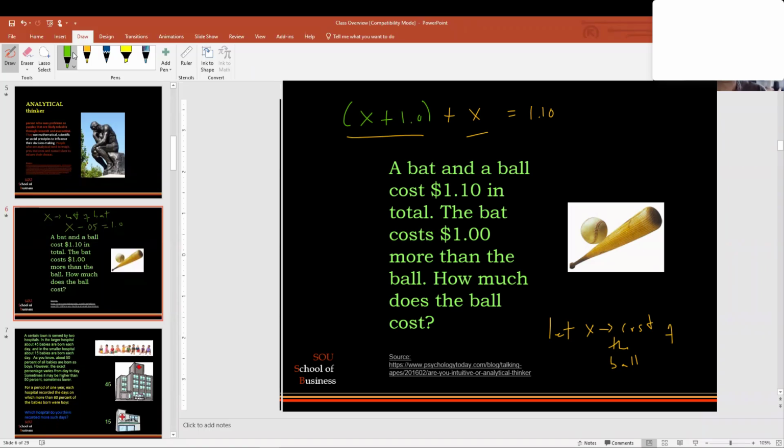So we reduce this equation to become 2X plus 1 is equal to $1.10.